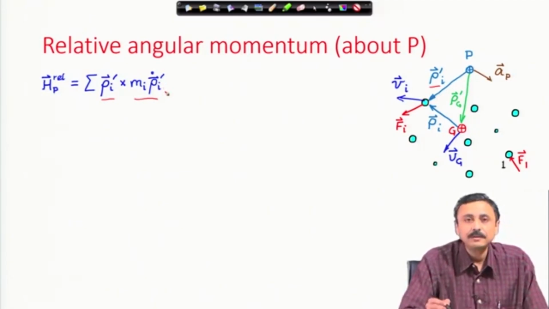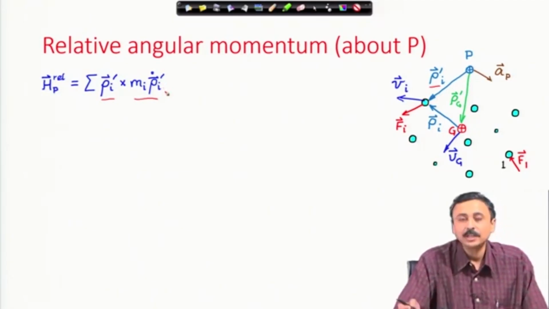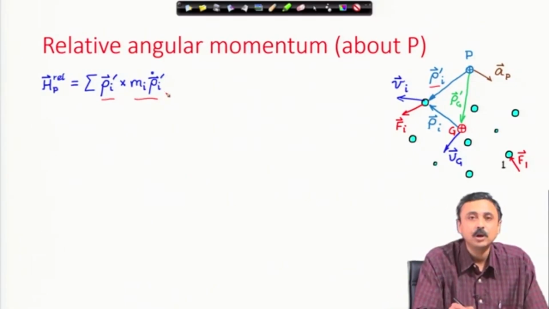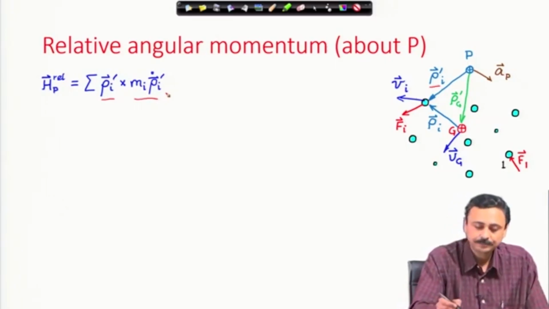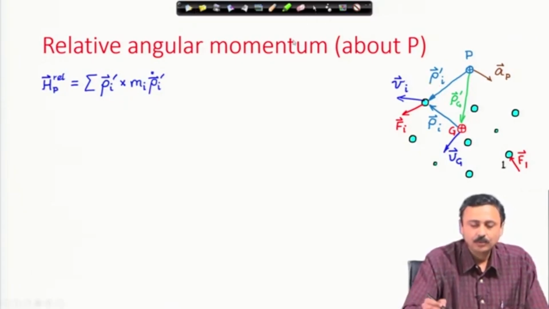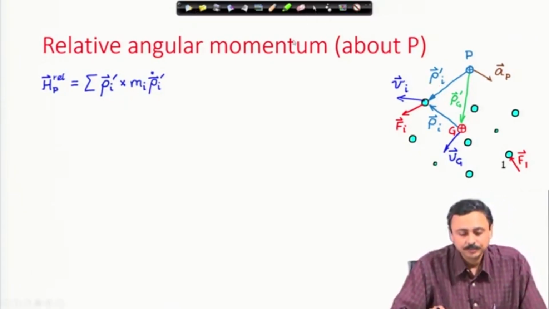This is nothing but the relative velocity of the ith particle with respect to the velocity of P. Let us see where this leads us to.